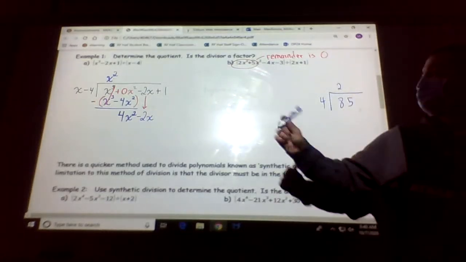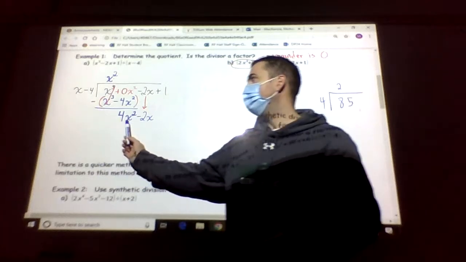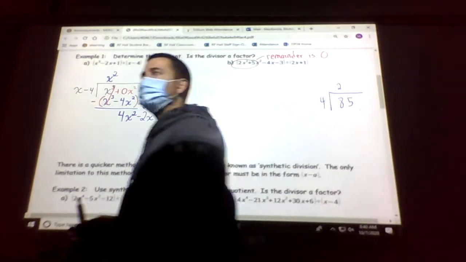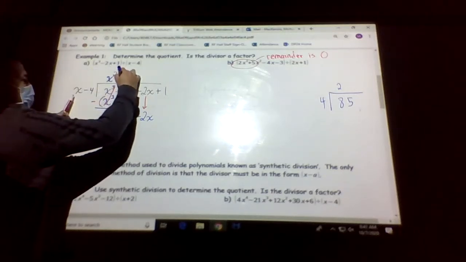What can we multiply x by to get to 4x squared? Artemis? Would you multiply with 4x or just x? 4x, you're right, because we want to make it exactly the same. So a positive 4x.